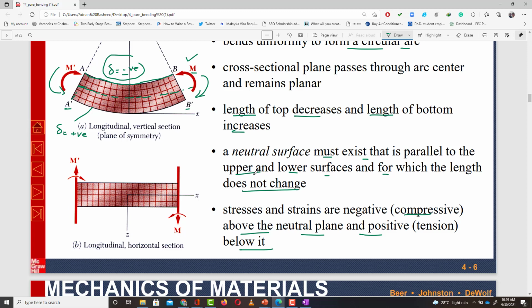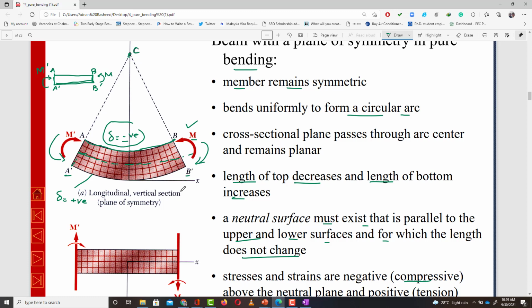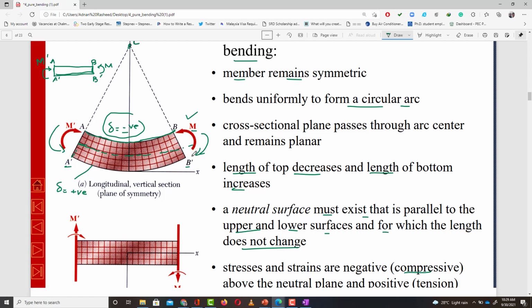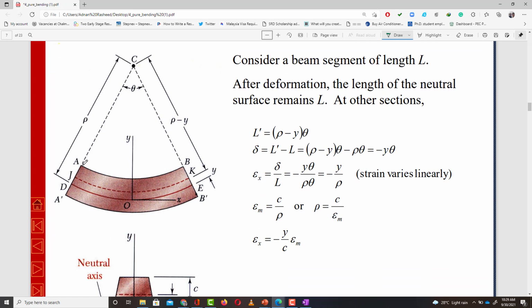Clear? Now we will find what strains are produced in the upper and lower surface. What is the behavior of strain for a beam that is applied under the couple loading? Again, this is the same thing. You have seen that the beam was applied with a moment, and due to that moment, the beam bends.